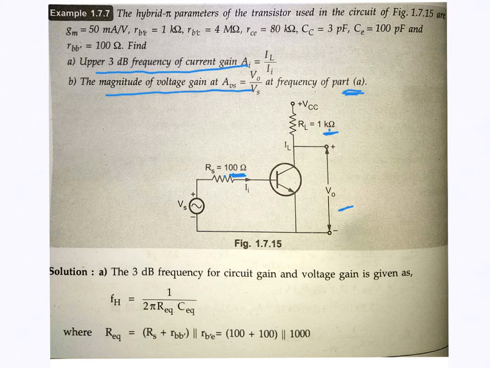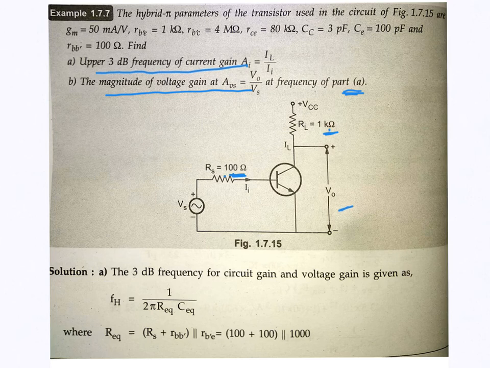So coming to the solution part of this circuit, the formula for the 3 dB frequency of the circuit is fH equals 1 by R equivalent into C equivalent. If we go through the high frequency pi model of the transistor, here this Rs will be in series with rbb', and that is in parallel with rb'e.